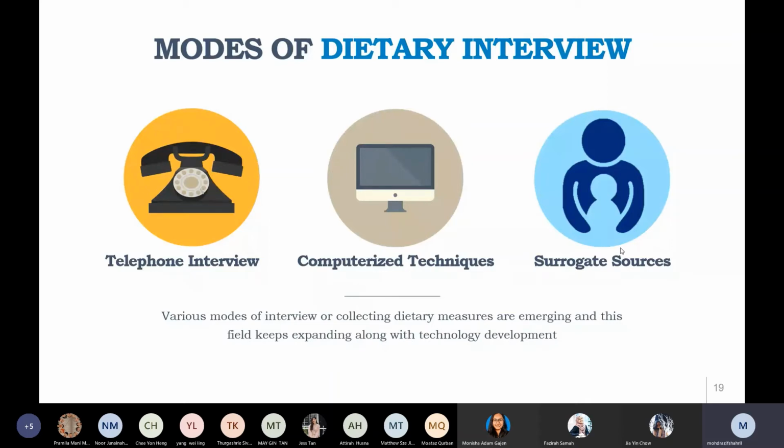We can also use computerized techniques when interviewing respondents, where instructions and recording are on the computer, not on paper. And we can also use surrogate sources. I've explained what surrogate is earlier. So there are various modes of interview emerging, and the field keeps expanding along with technology development.